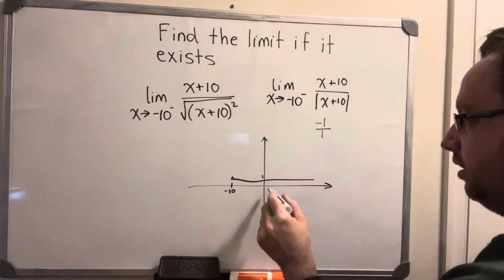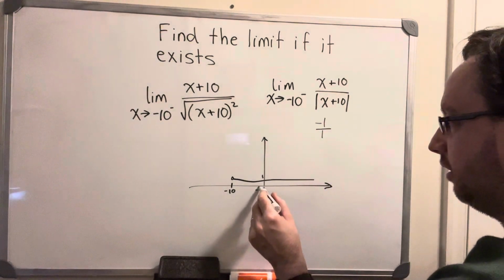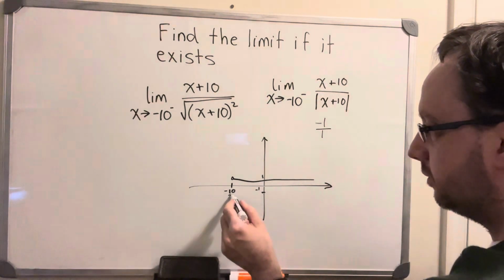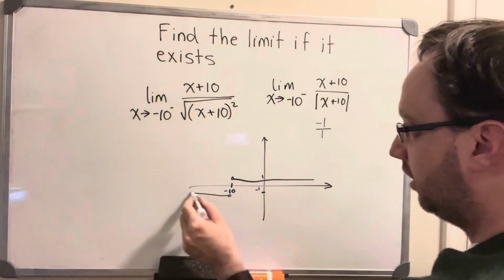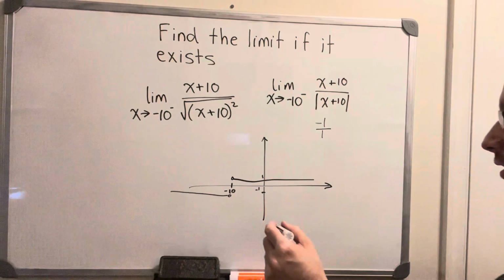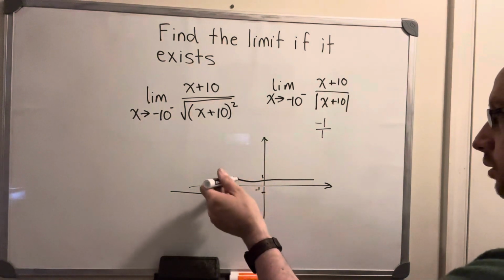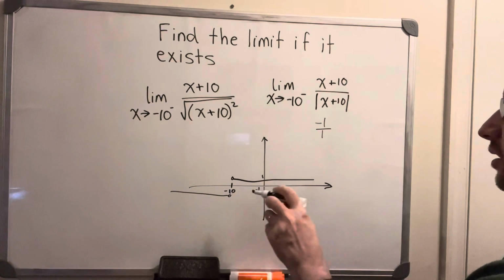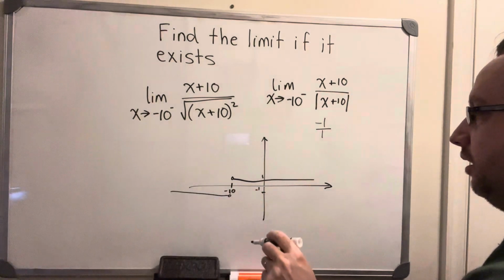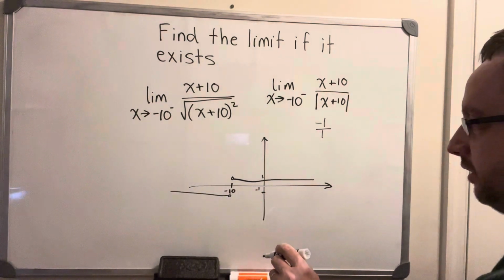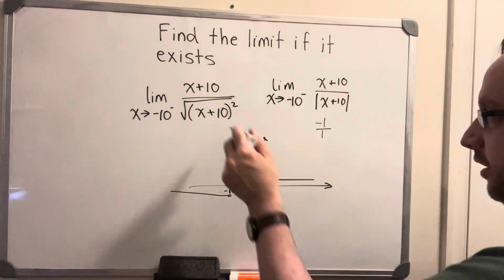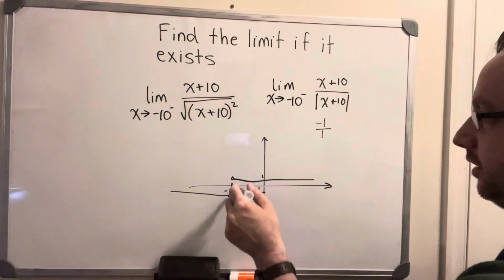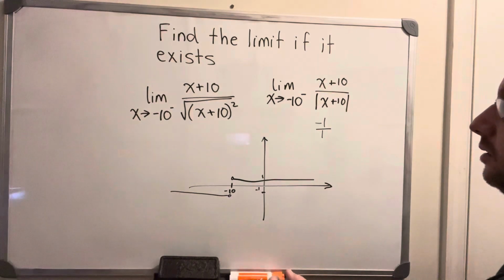So look at this function. Everything to the right of negative 10 is 1. Everything to the left of negative 10 is negative 1. And this is, of course, undefined right at negative 10.